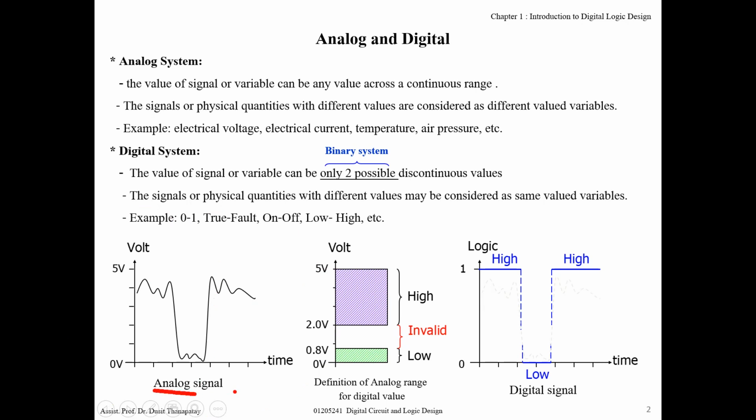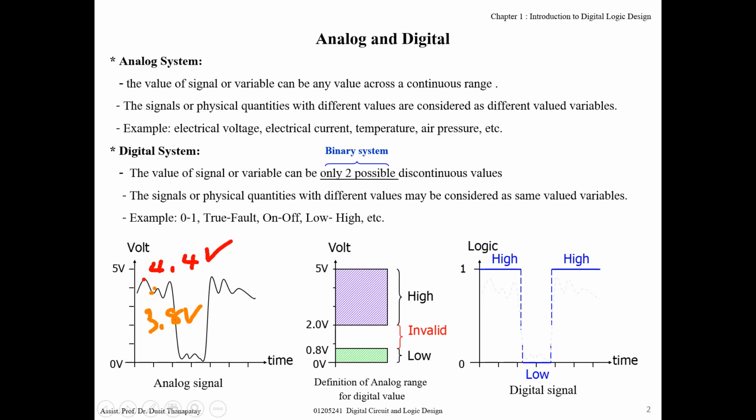If you treat this as an analog signal, this point may be 4.4 volts, and this point may be 3.8 volts. In the analog world, it's different, right?